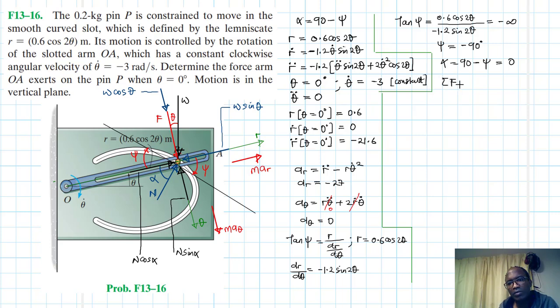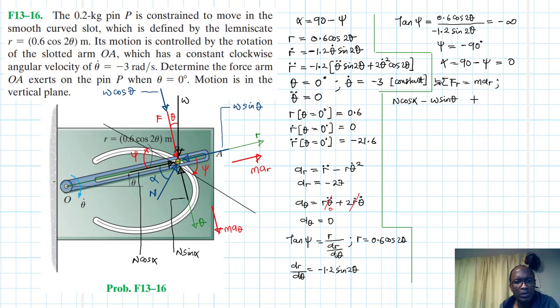We'll say summation of forces in the r direction equal to m a r, and our r is in this direction like so. What do we have? We have N cos alpha, then we do have minus W sine theta.